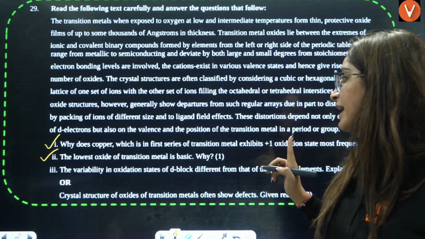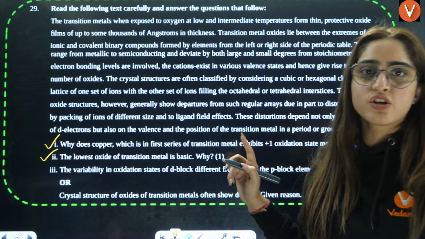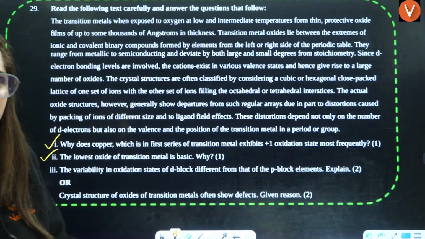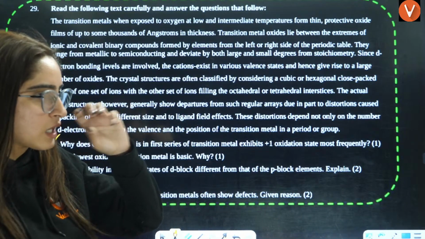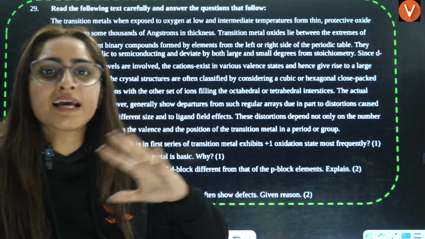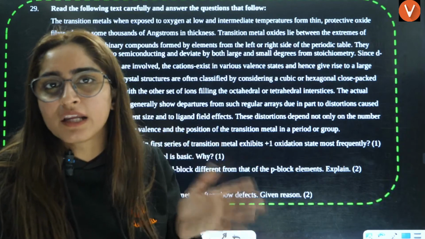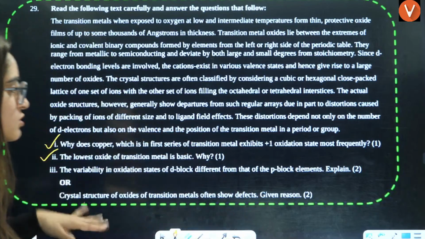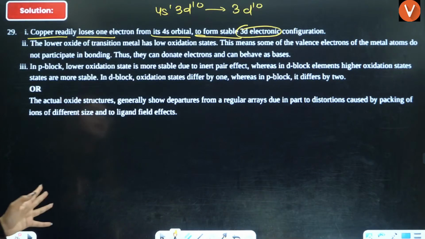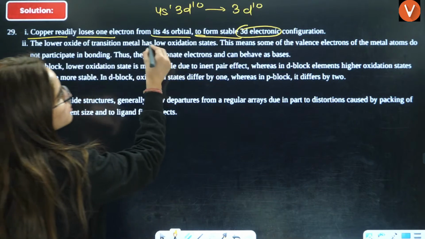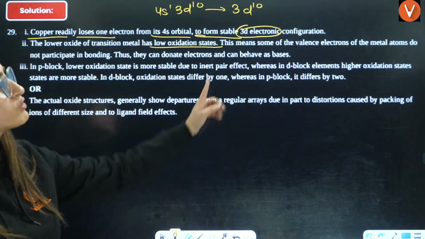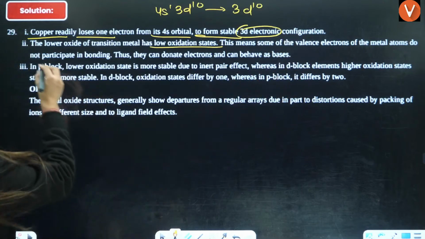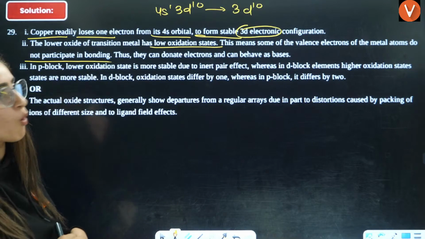The lowest oxides of transition metals are basic in nature. Can you tell me the reason? Basically, acidic character is directly proportional to the oxidation number. Right, the more the oxidation number, the more the acidity. The less the oxidation number, the less the acidity. A lower oxide has a low oxidation state. This means some of the valence electrons of the metal atoms do not participate in the bonding.